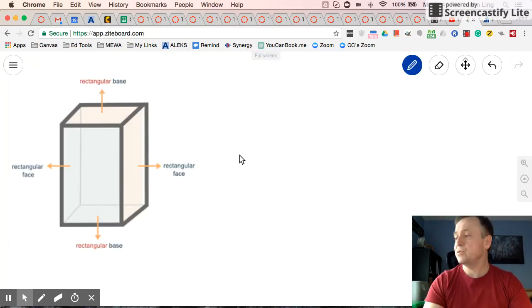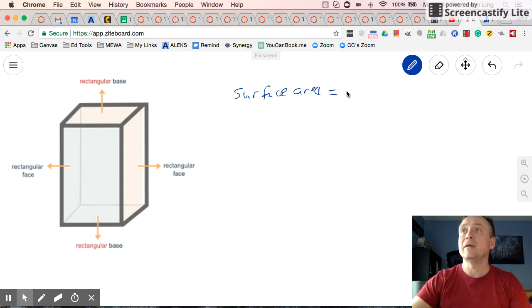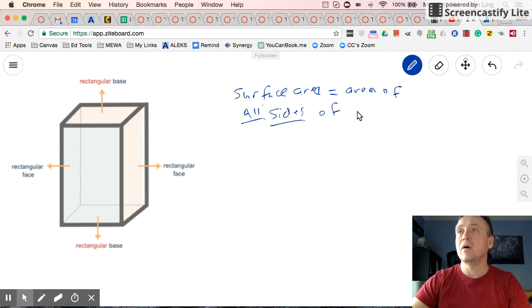So when we're looking at surface area, again, we should define that here. Surface area is the area of all sides of the object, right?